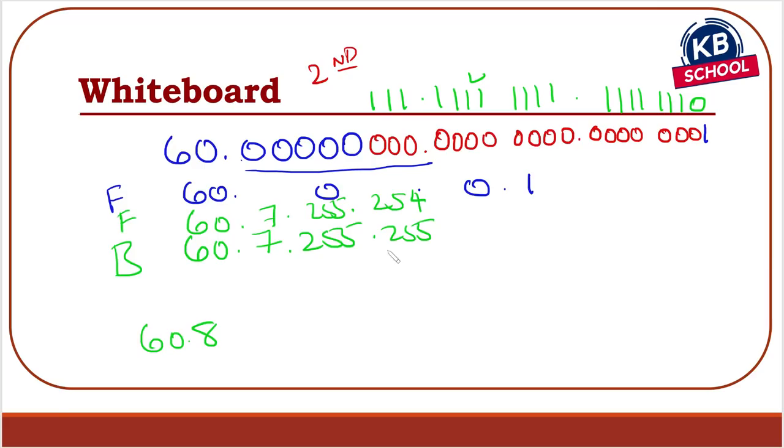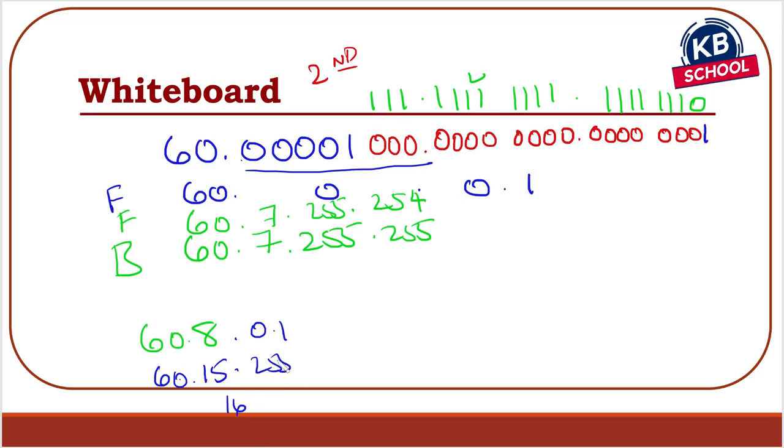On the 8 network, everything would remain the same. The only thing is I would change this to 8. So my first usable address would be 60.8.0.1. My broadcast would be 60. Now, 8 plus 4, 12, plus 2, 14, plus 1, 15, because the next increment would have been 16, so 15.